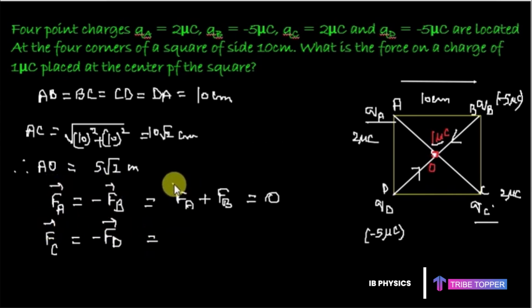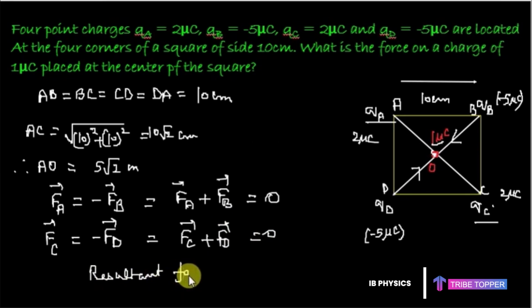So FB plus FD would also add up to give you 0, which means the resultant force on 1 microcoulomb placed at the center O is equal to 0, because the forces due to the charges at A and C cancel out, and the forces due to B and D also cancel out. So the resultant force is 0.